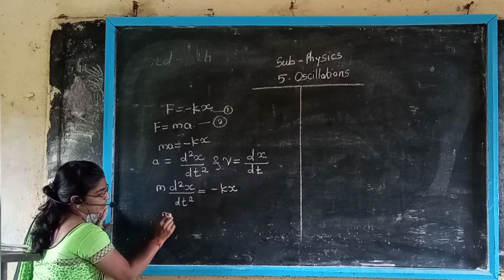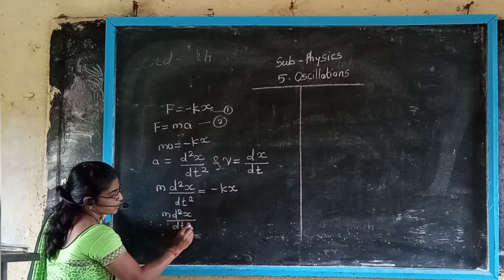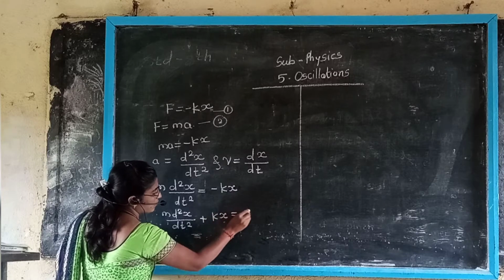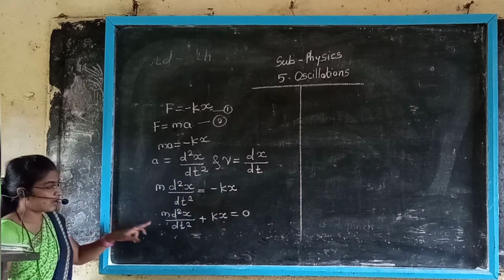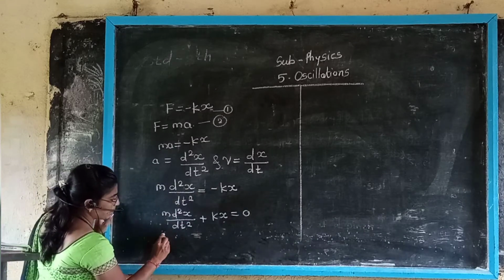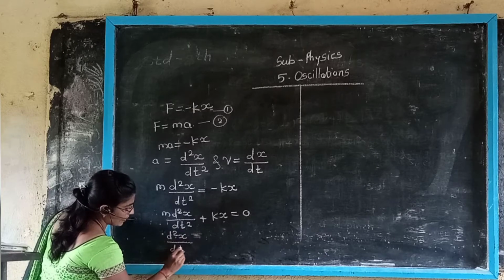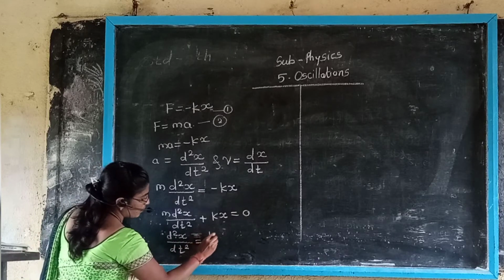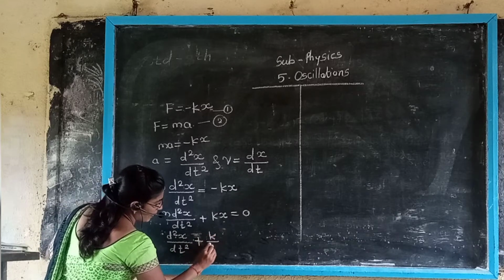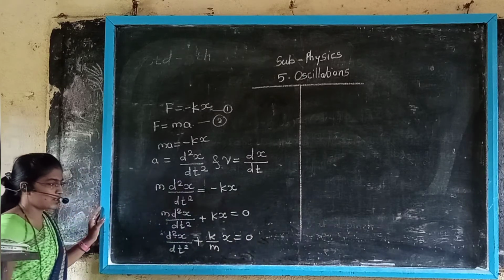Therefore, m d2x by dt square plus kx is equal to 0. Dividing both sides by m, we get d2x by dt square plus k by m x is equal to 0.